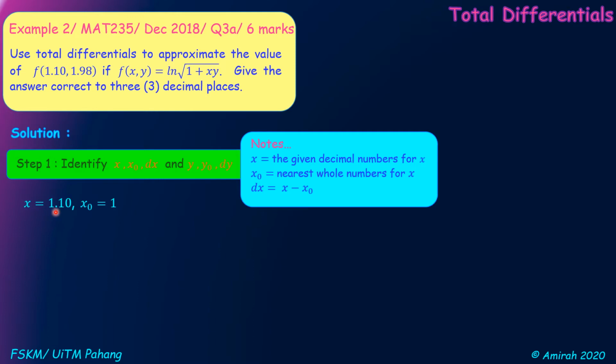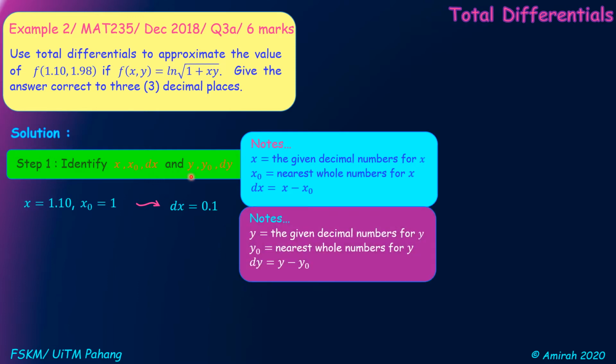The nearest whole number for 1.1 is 1, so this is the value for x naught. Then we need to find dx. dx equals x minus x naught, which means 1.1 minus 1 equals positive 0.1.